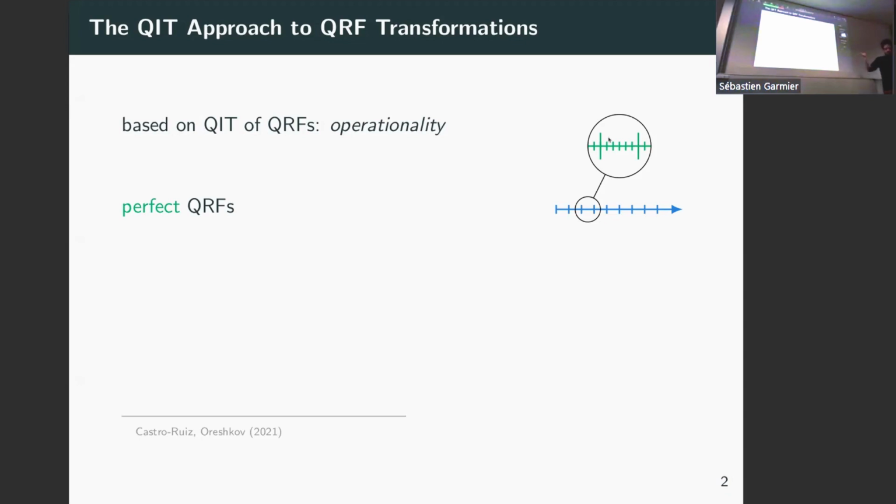So think of, for example, if you want to measure a position along one direction, you might have a reference frame that looks a bit like an axis, and you can compare the particle you're trying to measure to this axis, and you can read off the position from there. And perfect just means that this axis is infinitely precise.